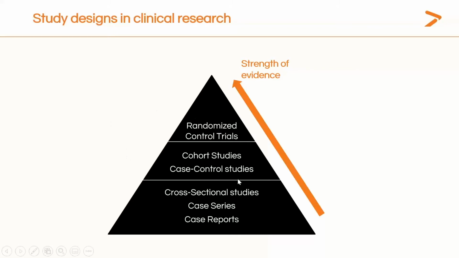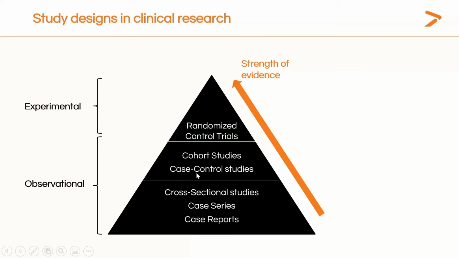Randomized controlled trials, in which you really have control over the independent variable because you are experimentally manipulating it, are among the best study designs to establish a causal relationship between the independent variable and the outcome. This one is experimental. These are more observational.